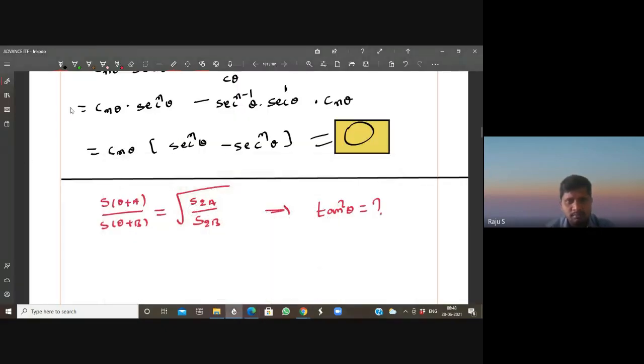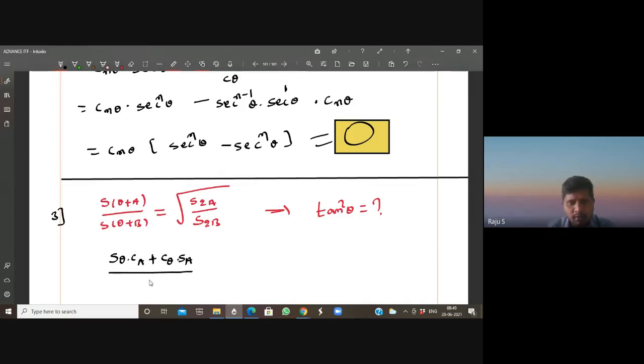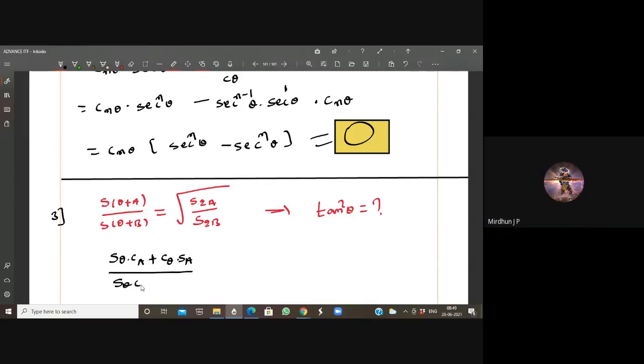Question number 3. So what to do first? You have to square on both sides. Then apply sine of a plus b. It is in the form of sine of a plus b. What is the formula for sine a plus b? Sin A cos B plus cos A sin B. The denominator is in the same format.